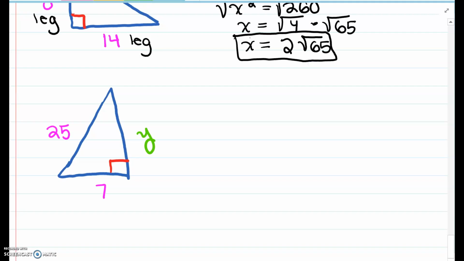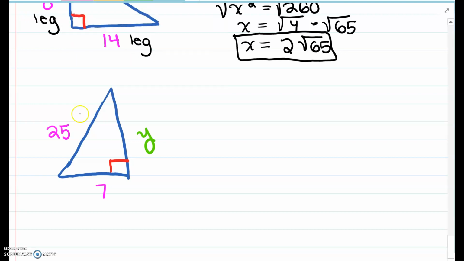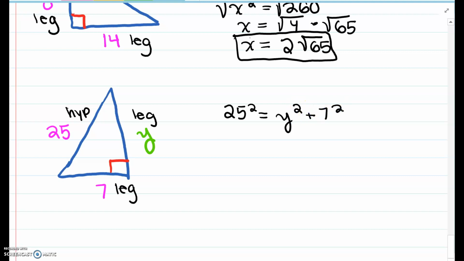Now let us try another example. So this would be the hypotenuse, and these are the legs. Now this example is different because the value of the hypotenuse is given to us. But we use the same equation. So we get 25 squared equals y squared plus 7 squared. We get 625 equals y squared plus 49.